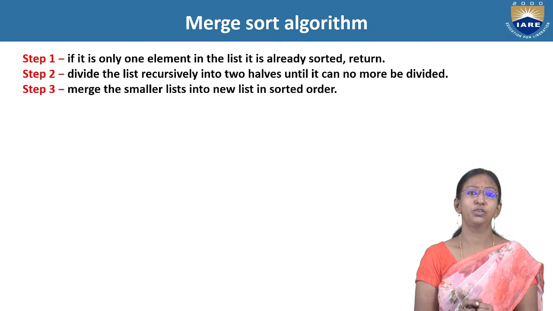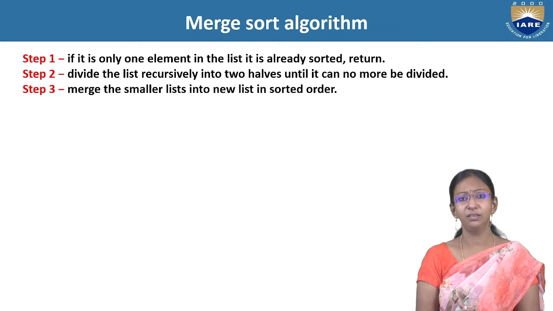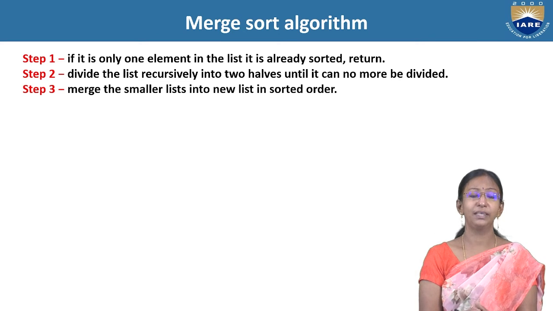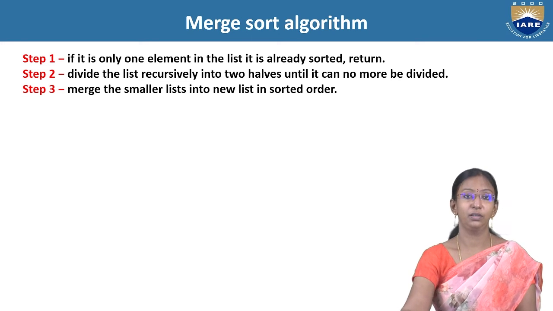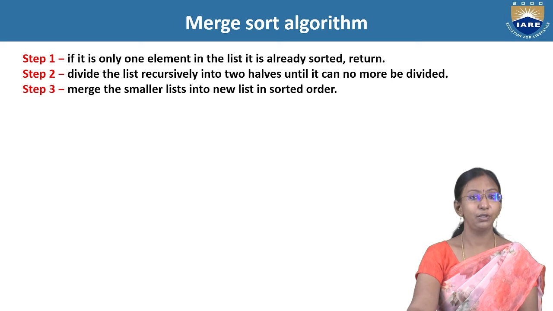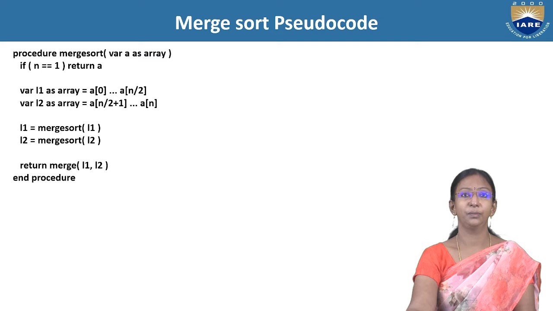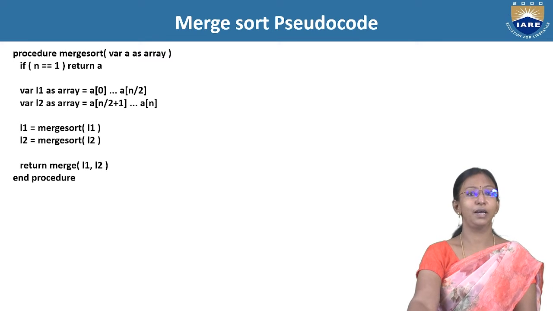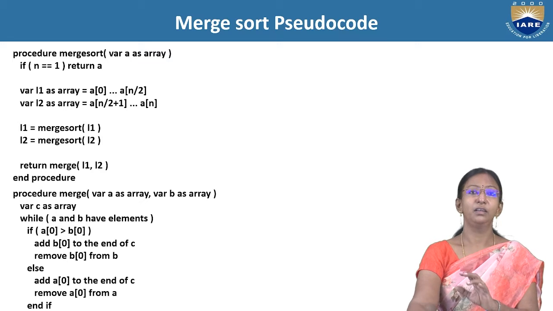And then merge the smaller lists into a new sorted list. More precisely, the sublists which you get after merging are sorted, so the final list will be a sorted list. Let's have a look at a small animation of the same. Okay, so this is the pseudocode which I am going to develop into a program.